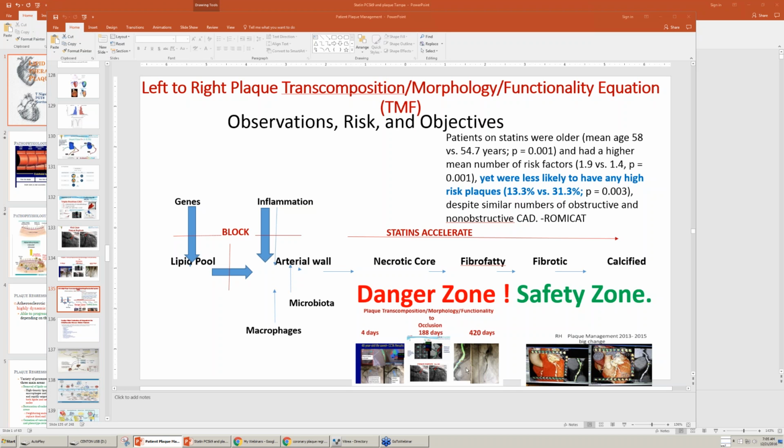All of them have rich lipid cores, and so various amount of occlusion and various amount of distance from the rich lipid core to the lumen of the vessel, and also various amounts of coalescence of the rich lipid core, but they all have that in common.